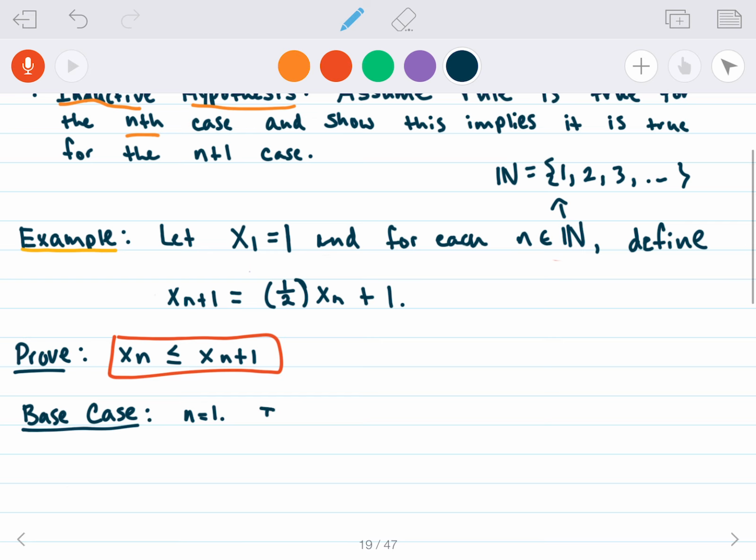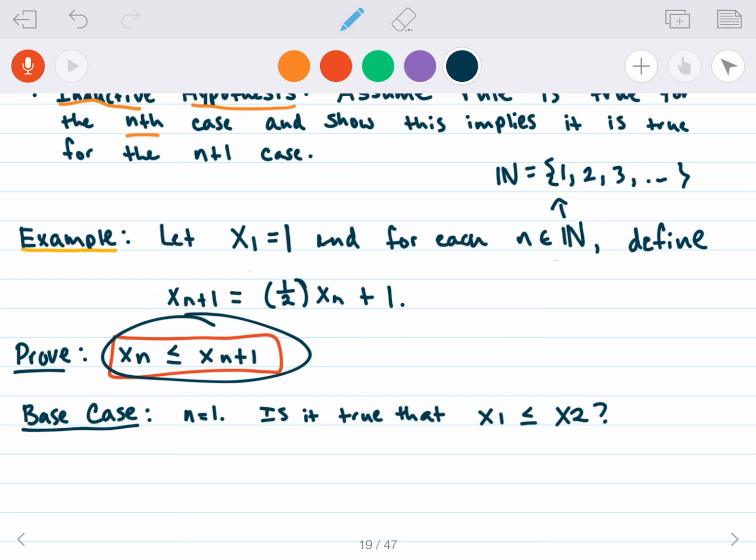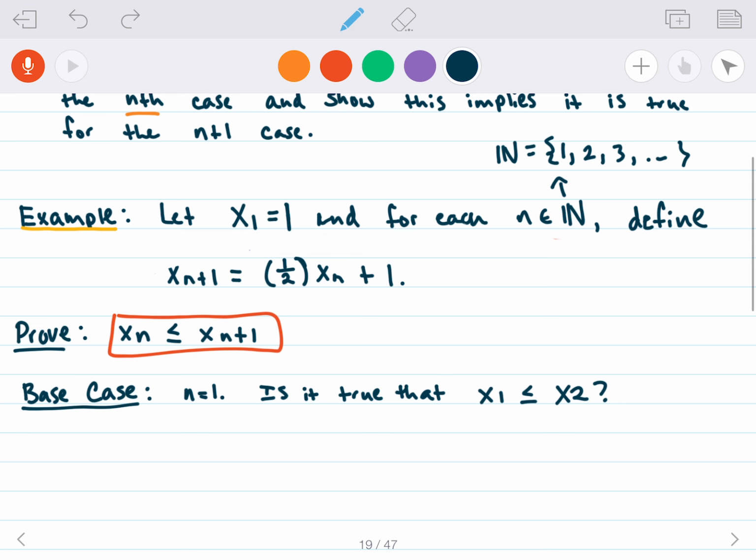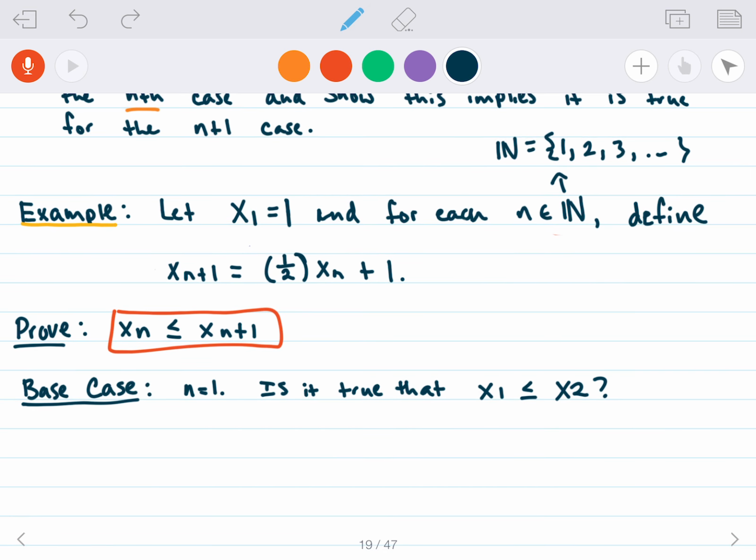So you want to ask yourself, is it true that x sub 1 is less than x sub 2, right? That's just inserting 1 in for n into this. So is this true? Well, let's see. By this rule here, we have that x sub n+1 is a half times x sub n plus 1. So that means that x sub 2, which is x sub 1+1, is simply 1/2 times x sub 1 plus 1.